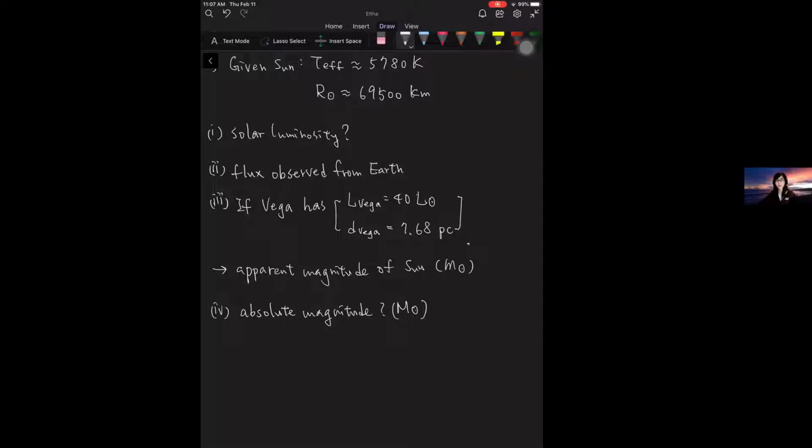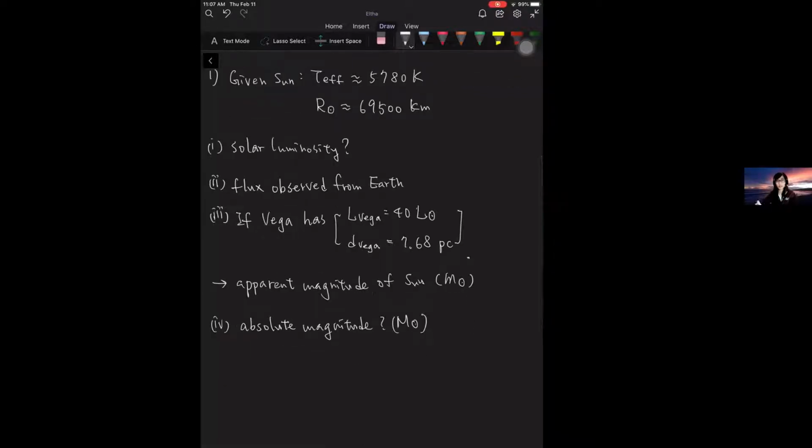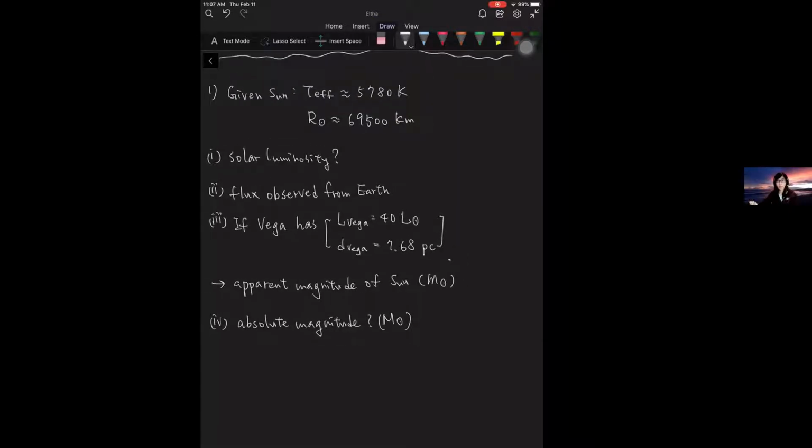So we can use that to relate with the sun's intensity, which I mean, intensity means the luminosity distributed on the surface of the sun.